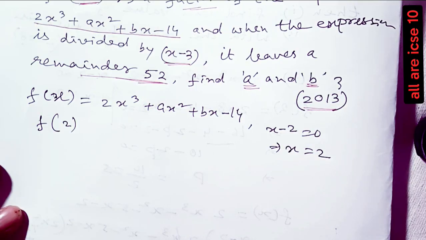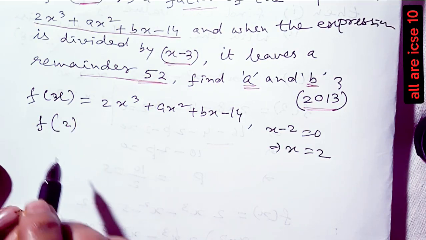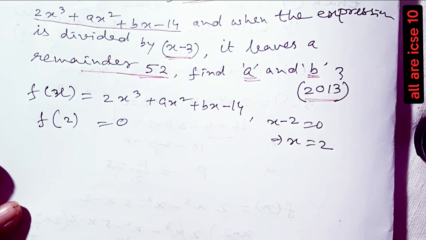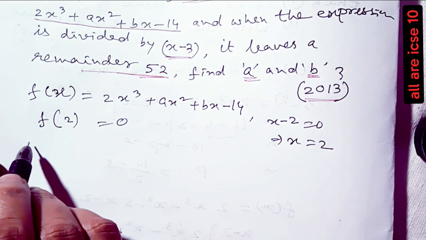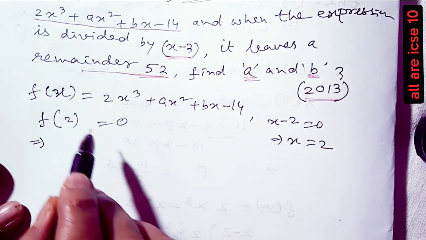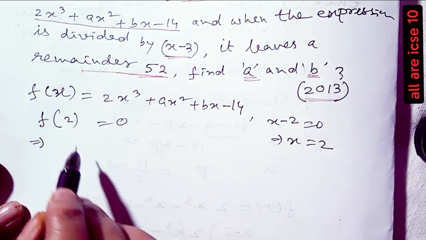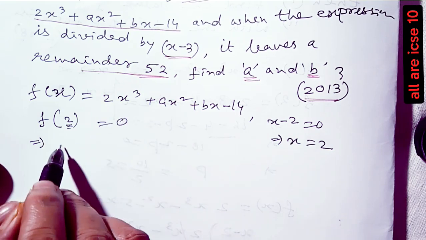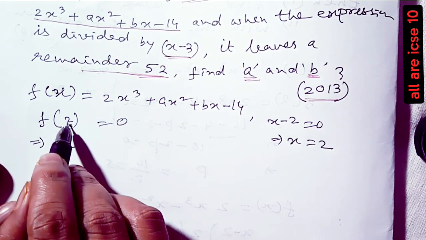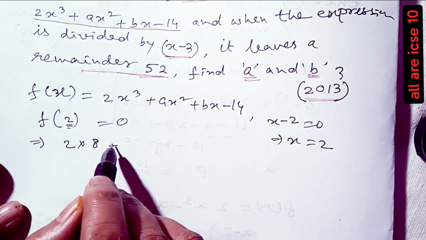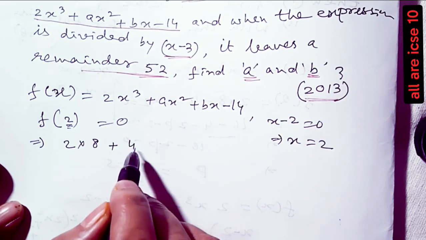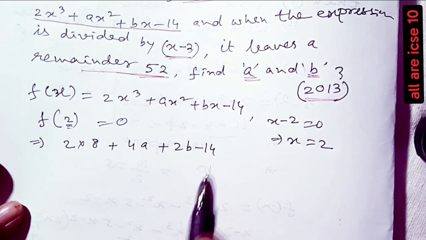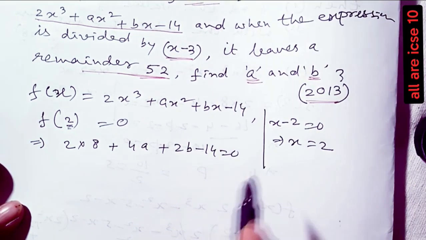When x minus 2 is a factor of the given polynomial, f(2) will be 0, the remainder will be 0. Now we put x equal to 2 in our given polynomial. We put here 2 cube 8, plus 2 square 4a, plus 2b minus 14. This is equal to 0.